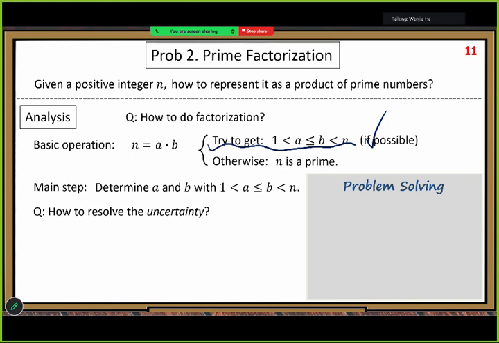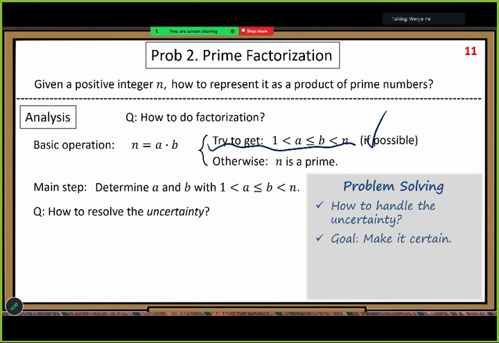There is one important view in problem solving regarding the uncertainty concept: how to handle the uncertainty. When our data contains a lot of uncertainties, we need to find some efficient way to handle it.